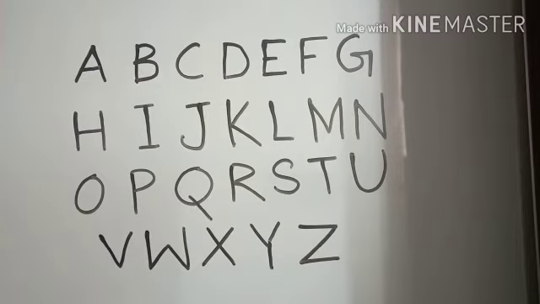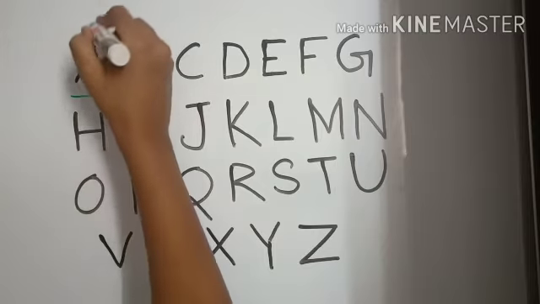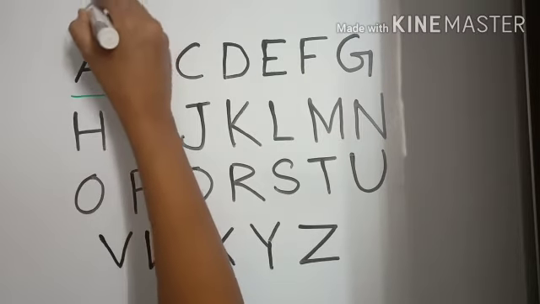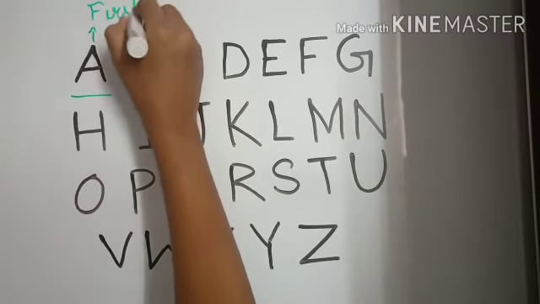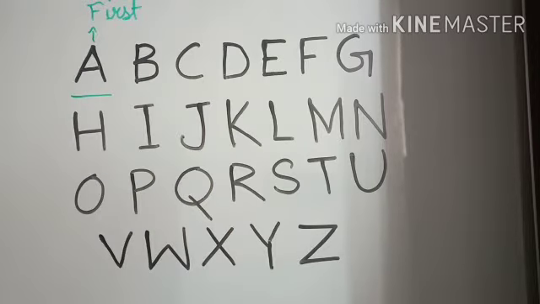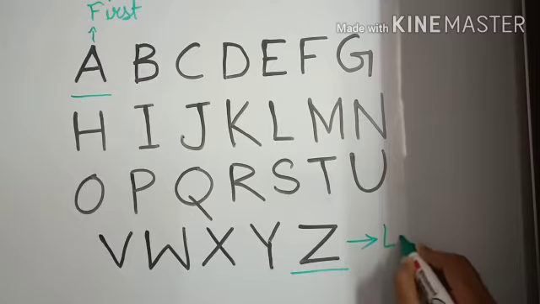So children, we know that words in a dictionary are arranged in alphabetical order. What it means is that words that begin with A come first in a dictionary and the words that begin with Z come at last.